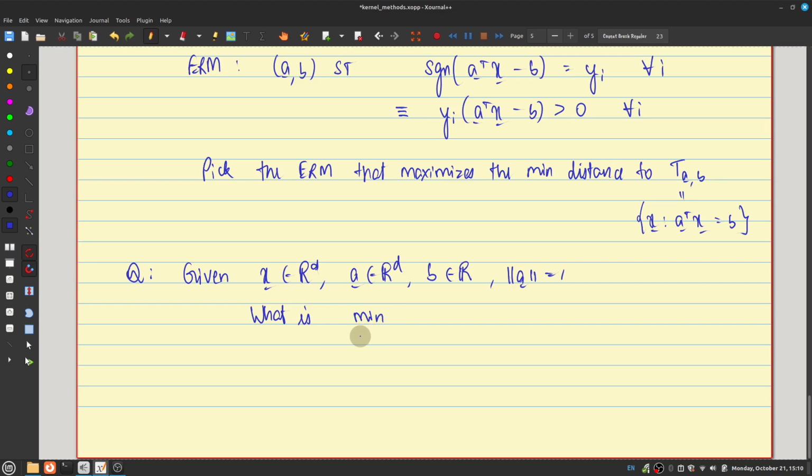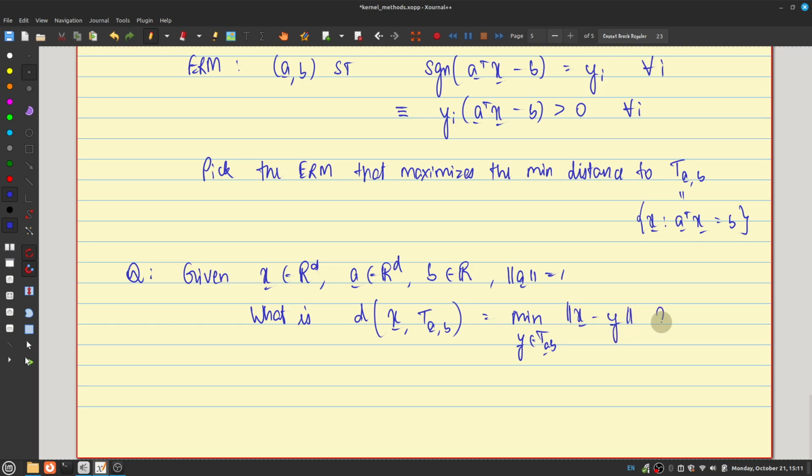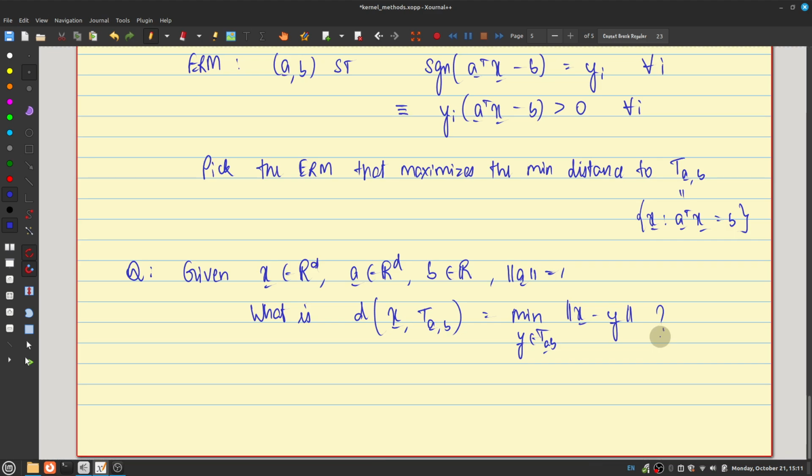Is it the min over all the distance from x to the hyperplane H(A,B)? What is it equal to?